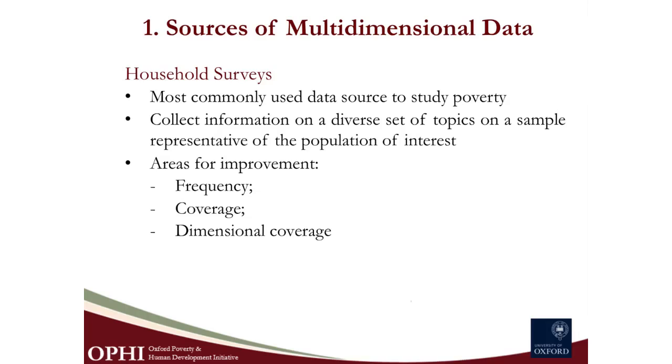Even though household surveys have information on the employment status of an individual, what type of job they do, they usually don't have enough information about the quality. For example, if they are doing some kind of hazardous work, if they are dealing with a lot of noise, or they are dealing with chemicals that could be dangerous for their work, and if they are using their necessary uniforms or protections to avoid problems, that's not usually available.